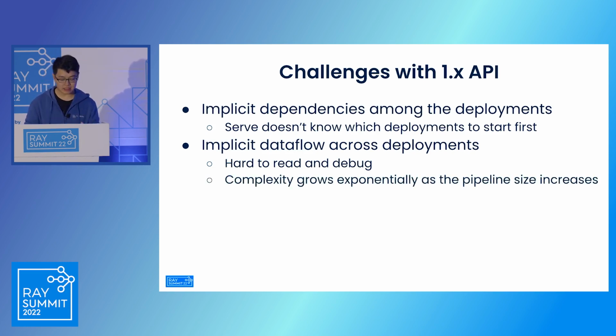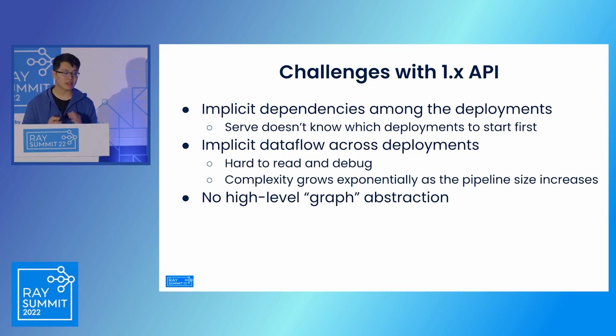And the complexity will just grow as your application gets more complex and you start adding more and more stages. And lastly, the core of the problem here is that we have no high-level graph abstraction. We haven't been able to tell you what the inference call graph actually looks like, what components it has, because everything is just serve handles and deployments to us.